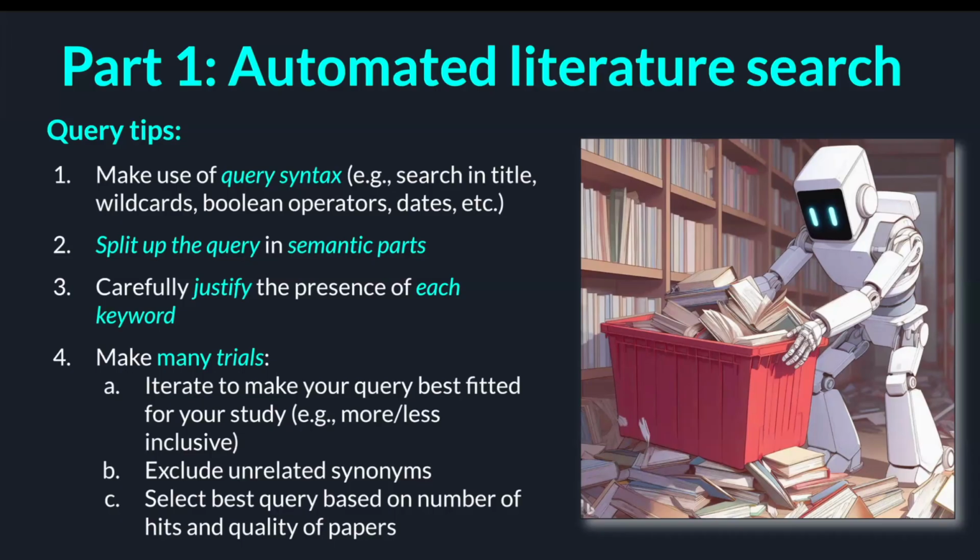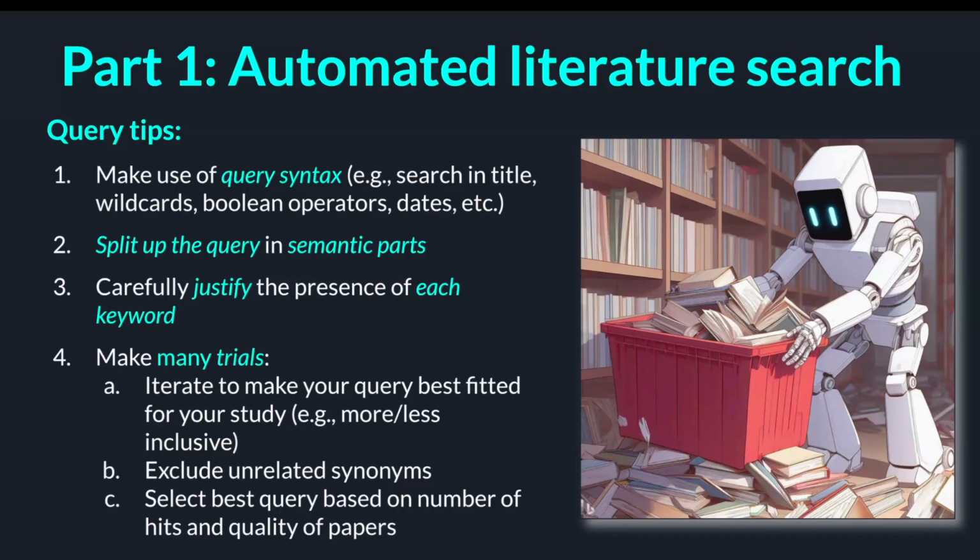And then make many trials. It's not that you have a query and say, okay, this is it, done, but make many trials and iterate over the query: remove, add synonyms, remove, add new keywords, and you will see how the results change, both in terms of number of hits and the quality of the papers returned.